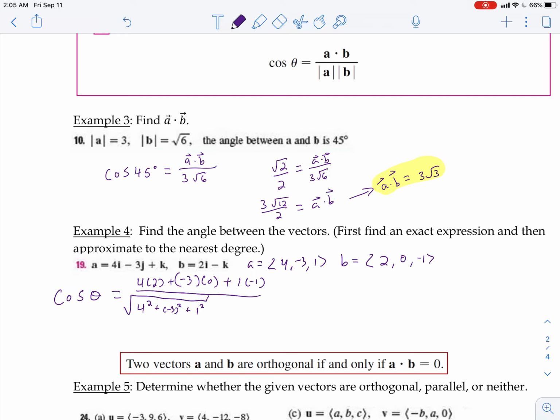And then that's going to be times the square root of 2 squared plus 0 squared plus -1 squared.